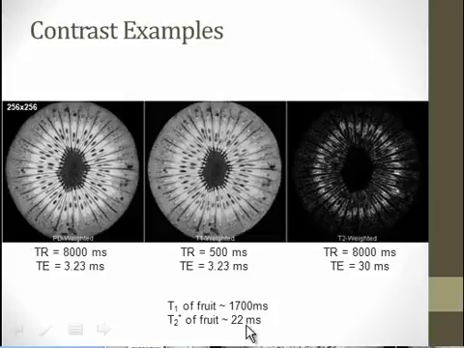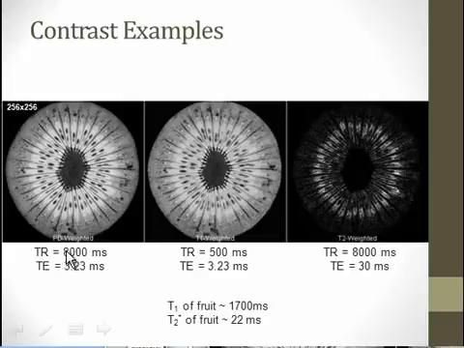Based on those numbers, I could then set my TR and TE to give only proton density weighting. For TR, you want to be about 5 times T1, and I'm almost there. Remember, the longer the TR, the longer the scan, so I wanted to keep the scan a little bit shorter.